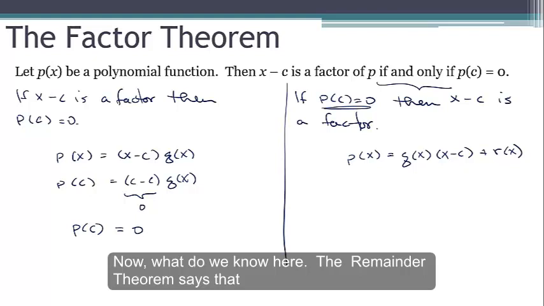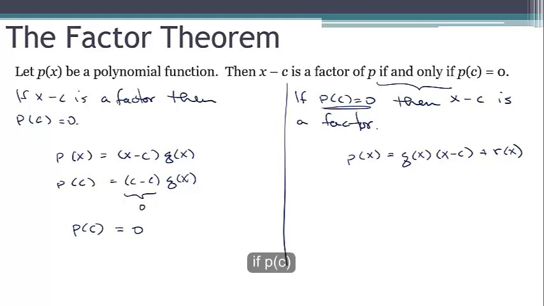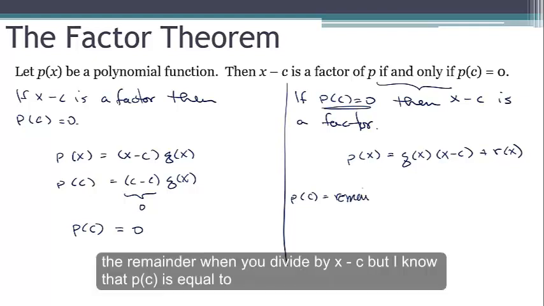Now, the remainder theorem says that p of c is the remainder when you divide by x minus c.